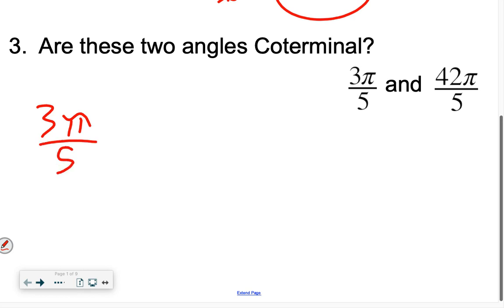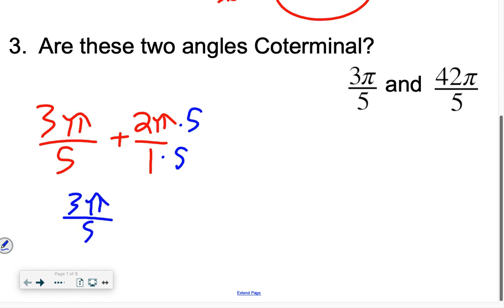Now we might have to keep adding 2 pi, which is fine. If you add 2 pi, again we need a common denominator, so I'm going to multiply this by 5 and this by 5. So you have 3 pi over 5 plus 10 pi over 5. If you add those, you get 13 pi over 5.